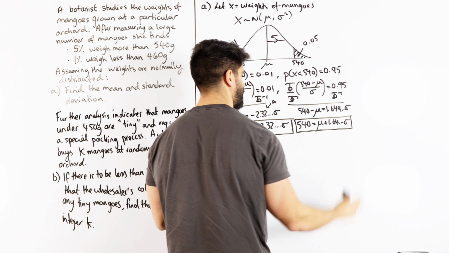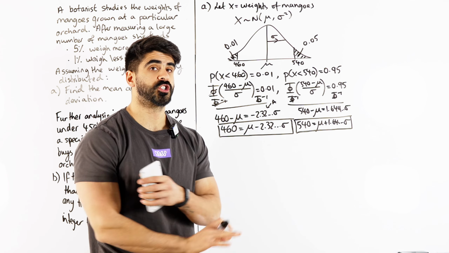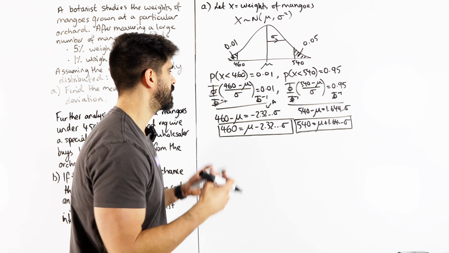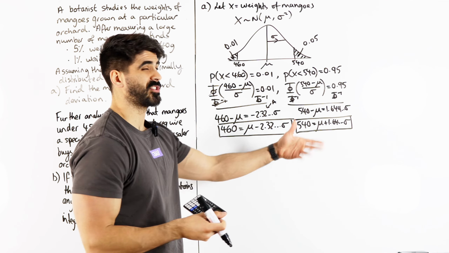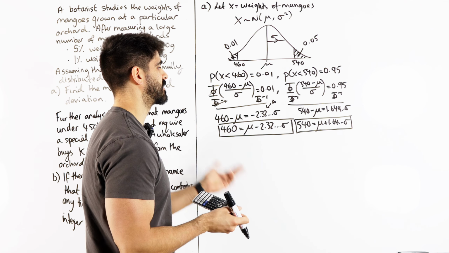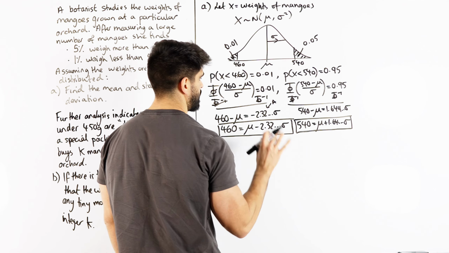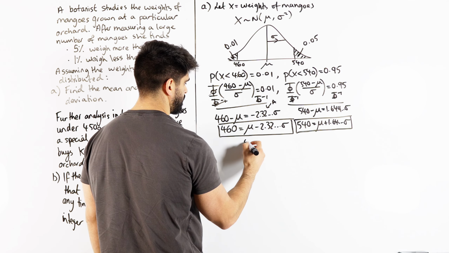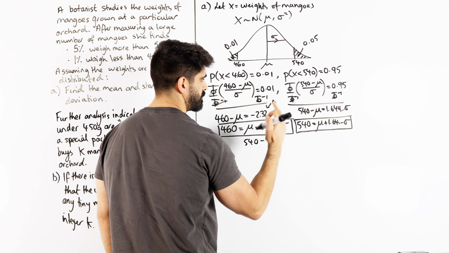Now we have to solve this. In the exam, I would just show the bare minimum because really and truly, you're just going to use the calculator for this. So I'll just show the bare minimum in terms of finding sigma. We're going to take the equations away. So 540 minus 460, mu minus mu would cancel.